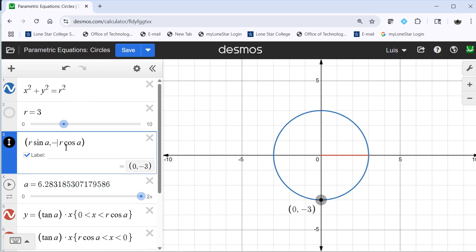What I mean by that is we wouldn't be able to use the trigonometric identity cosine squared theta plus sine squared theta for that one. However, if we were to use the other identities in terms of tangent, secant, cotangent, cosecant, then that could be a possibility for the parameterization of those equations.